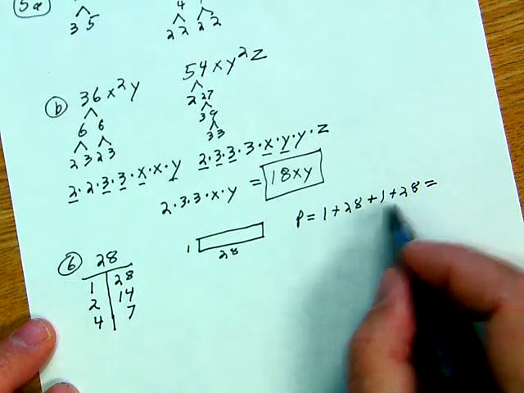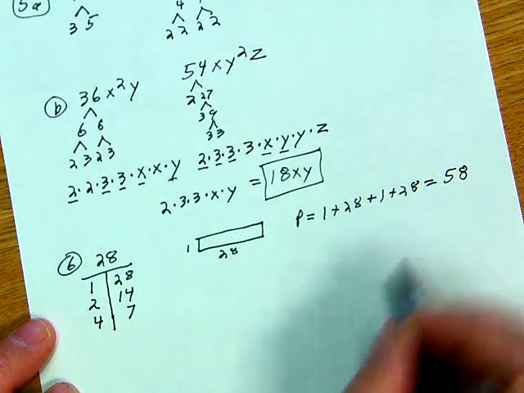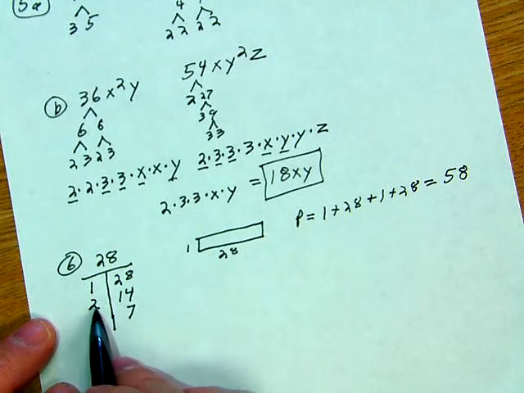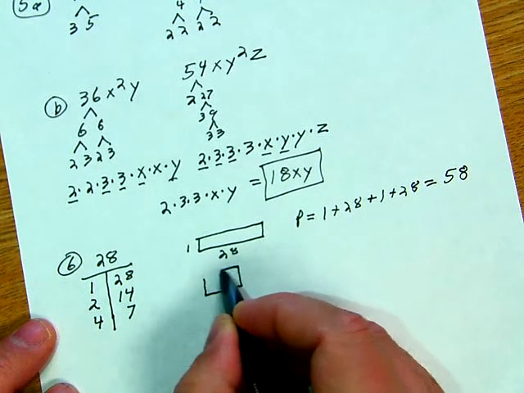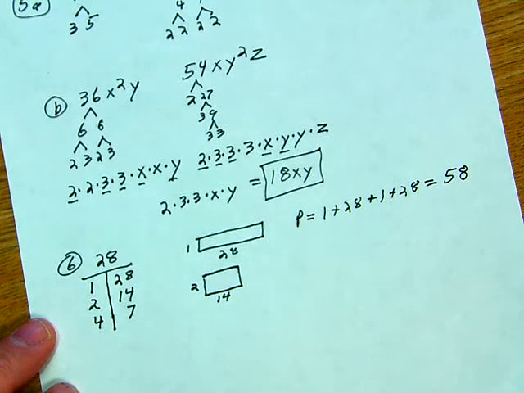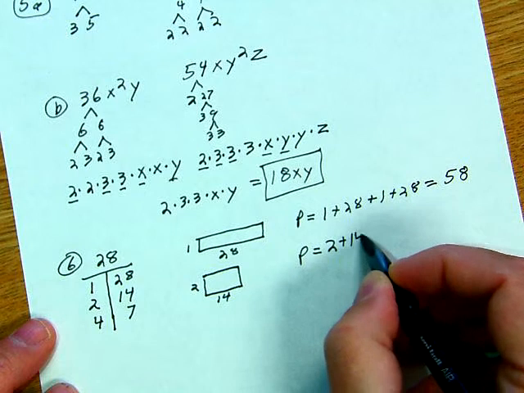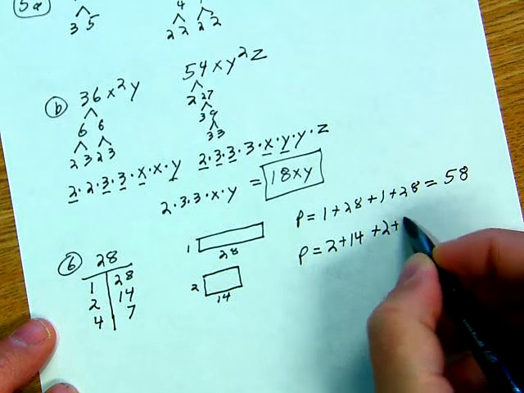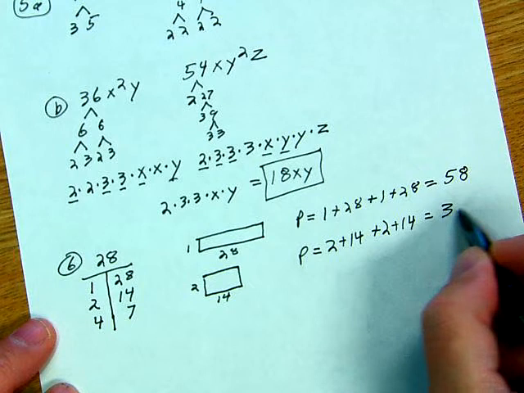And 29 and 29 is 58. Okay? Then they said draw a box model of this one. Well, this one would be half as long and twice as high, so 2 times 14. So the perimeter would be 2 plus 14 plus 2 plus 14, which is 16 and 16 is 32.